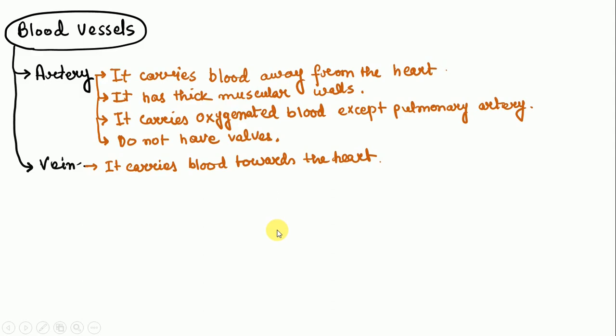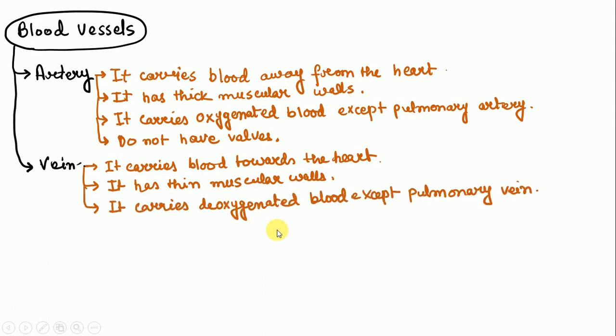So that carbon dioxide rich blood is carried by the vein towards the heart. It has thin walls because the blood flowing through it is not at high pressure, and it carries deoxygenated blood except the pulmonary vein. We will see why this pulmonary artery and vein are exceptions. And it has valves to prevent the backflow of blood.